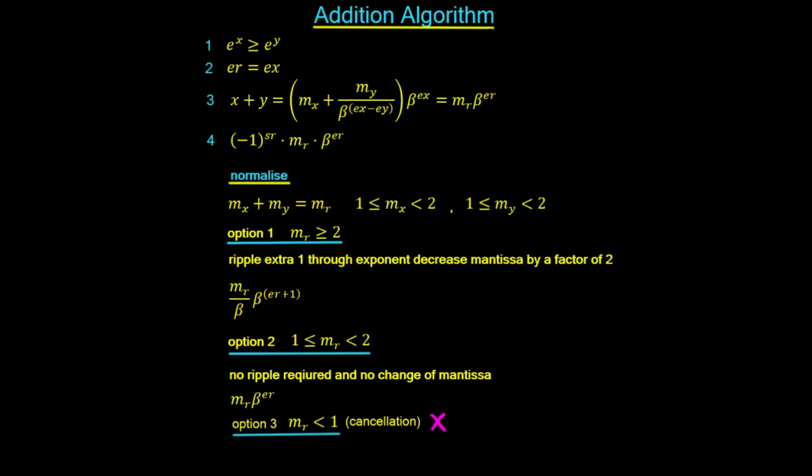You can see again, if we begin with the addition algorithm, before we can add them, remember we had to make the smallest exponent equal the largest exponent. So in order to do that, we also have to ensure that the mantissa went down by that respective amount as well. So this was the change in the mantissa value. So the mantissa value changes by a factor of beta to the difference between the two exponents.